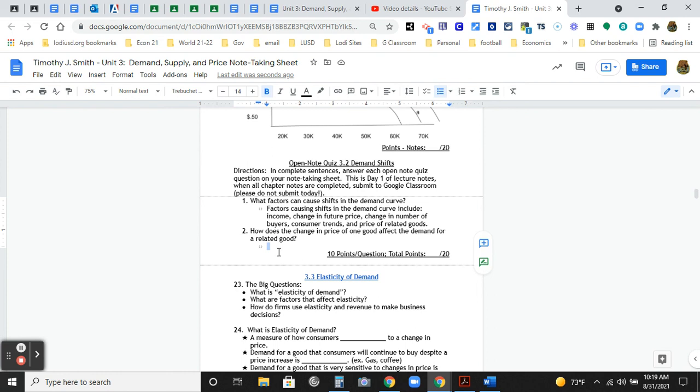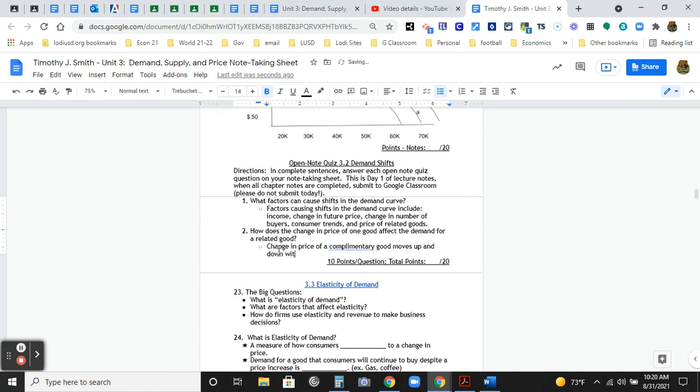Okay. Change in price of a complementary good is corollary, moves up and down with the other good.